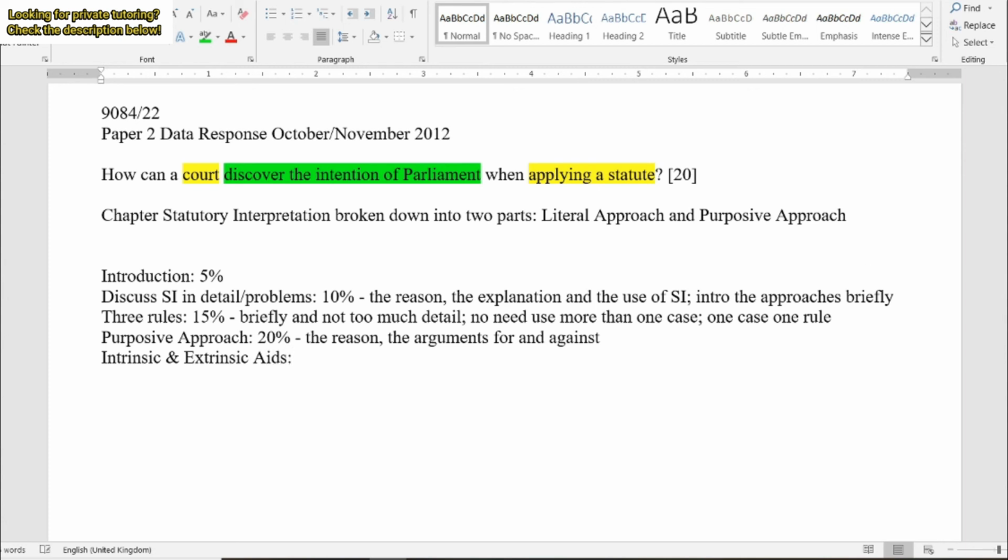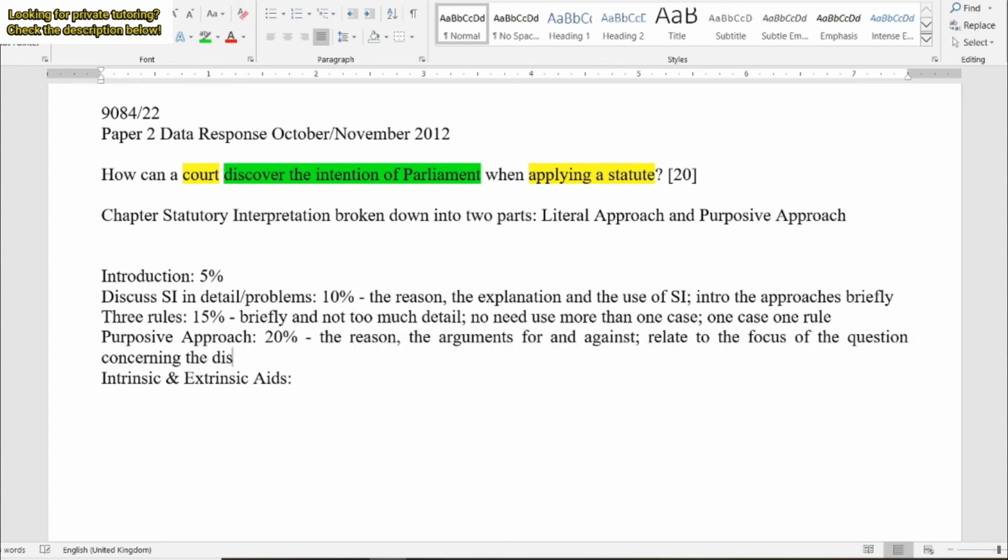Oh yeah, one more thing: you definitely need to relate this to the focus of the question, concerning the discovery of the intention of Parliament. The whole idea about the purposive approach is to find the intention of Parliament. So then after that you go to the intrinsic and extrinsic aids.